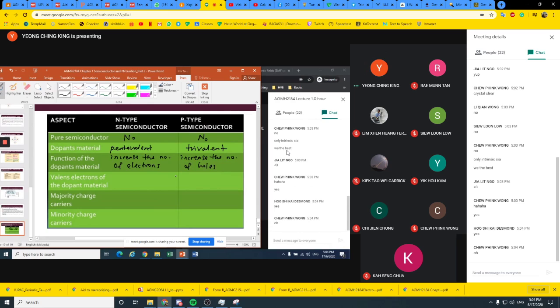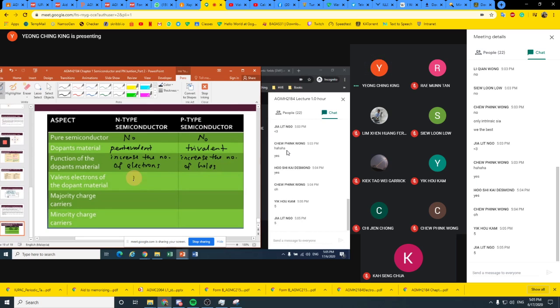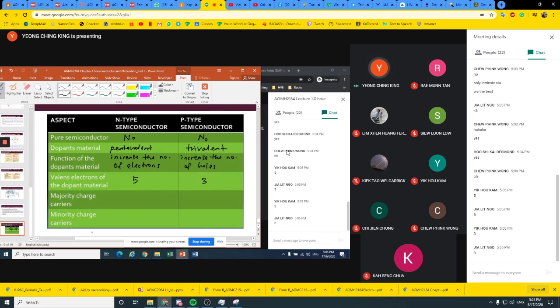Okay. And what are the valence electrons? How many valence electrons of the dopant material? Pentavalent, how many valence electrons? 5. And then P-type is 3. Okay. So this one has no problem.